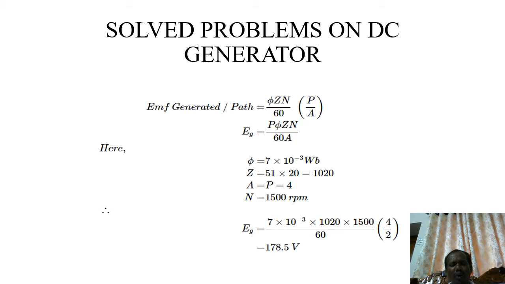Now substitute all these values in the equation Eg is equal to P phi Z N by 60A. Eg is equal to 7 into 10 to the power minus 3, total number of conductors 1020, machine rotating at a speed of 1500 rpm, by 60, number of poles 4, A is equal to 2. Eg is equal to 178.5 volts.